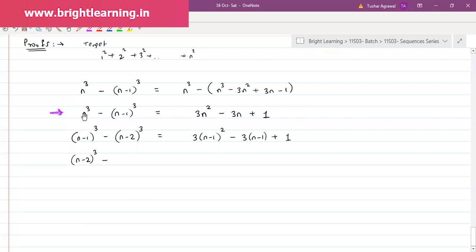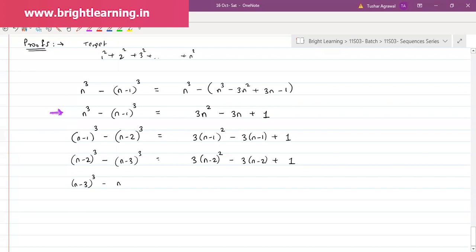Initially it was n, then previous n minus 1, then previous n minus 2, then previous n minus 3, then previous n minus 4, and so on. If I substitute n minus 2 whole cube, this value becomes n minus 3 whole cube. This will be equal to 3 times n minus 2 complete square minus 3 into n minus 2 addition 1.